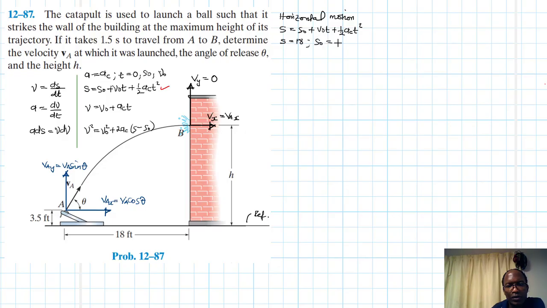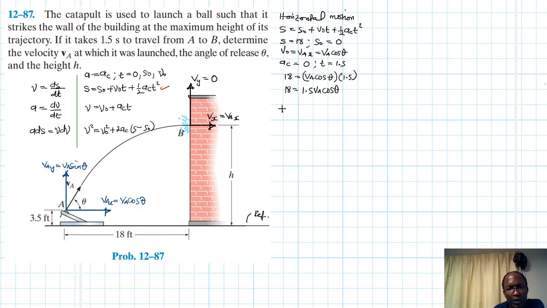S naught is equal to 0. V naught is equal to VAX, which is equal to VA cos theta. Of course, ac is equal to 0. Therefore, we have 18 equal to VA cos theta, times the time, which is already given to us as 1.5 seconds. So this is one equation that we have: 18 equal to 1.5 VA cos theta.